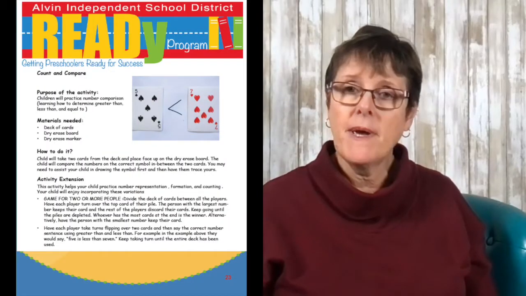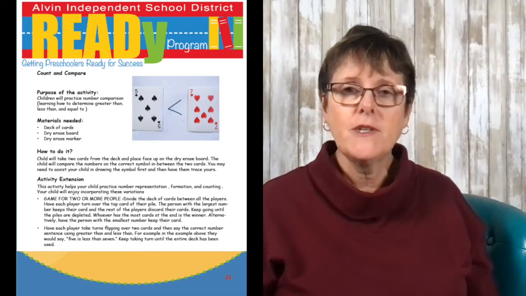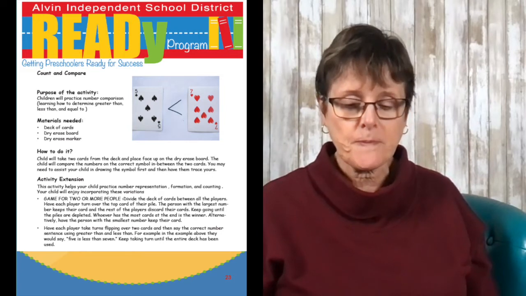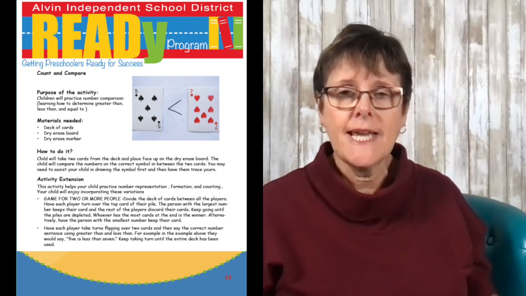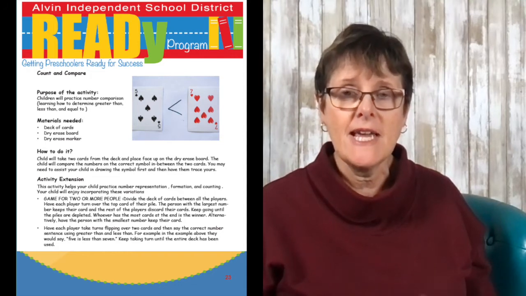The next activity is called Count and Compare. You're going to be using your deck of cards, and you're going to take out the face cards, the king, the queen, the jack, and the ace, and we're only going to use the number value cards.